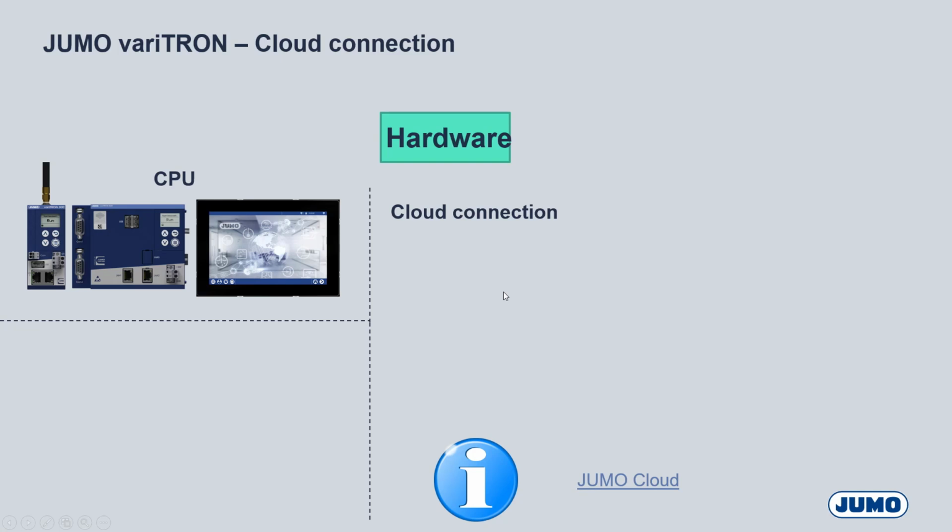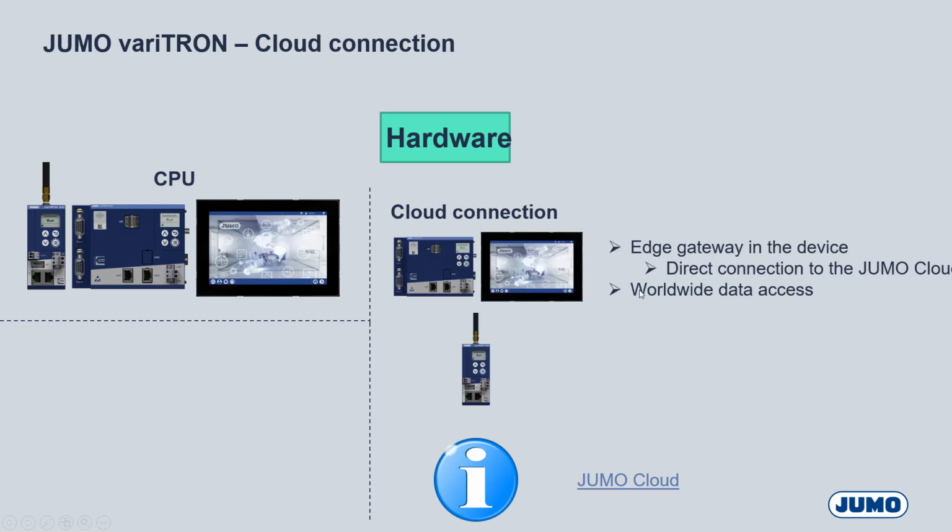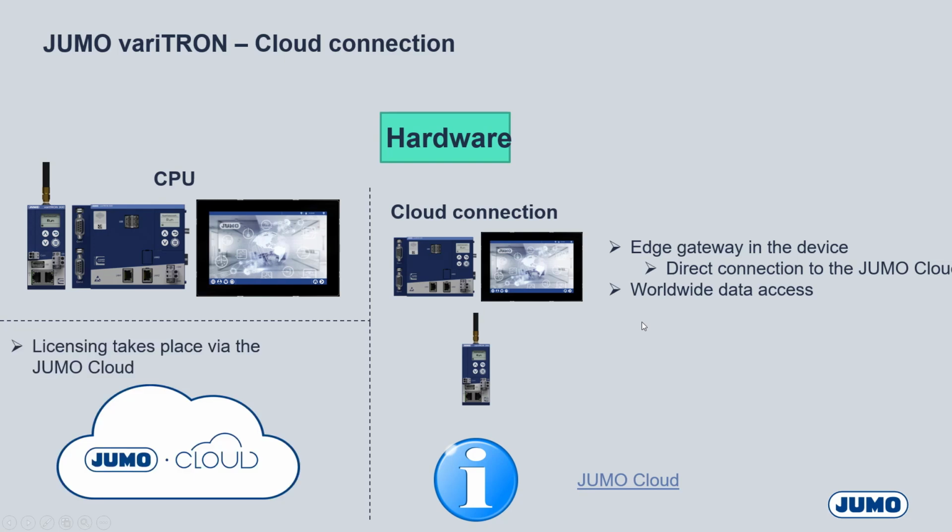Then one point is the cloud connection. More information can be found in the help center for the JUMO Cloud. What we have to know is that an Edge gateway, a software gateway, is integrated into every device. So we can realize the direct connection to the JUMO Cloud, and so we have worldwide data access to your process data.